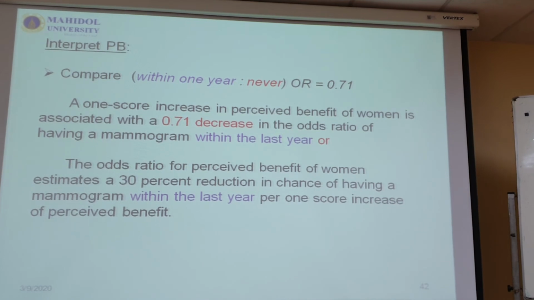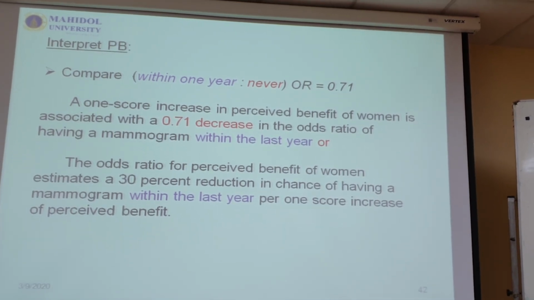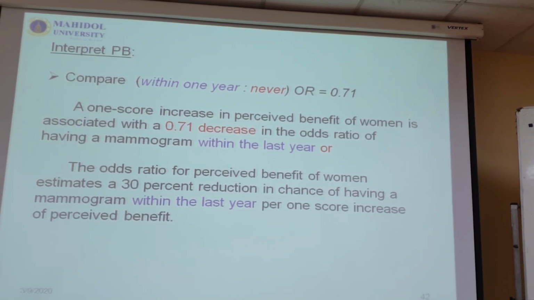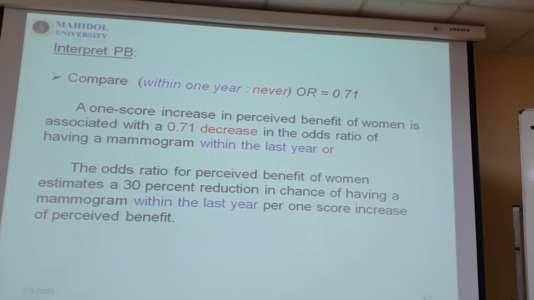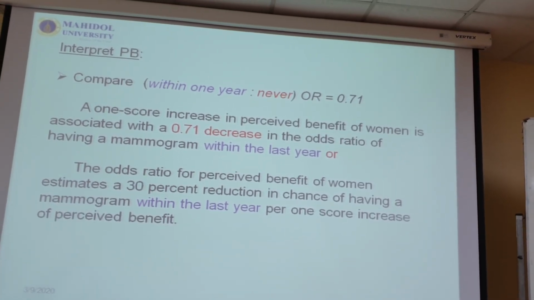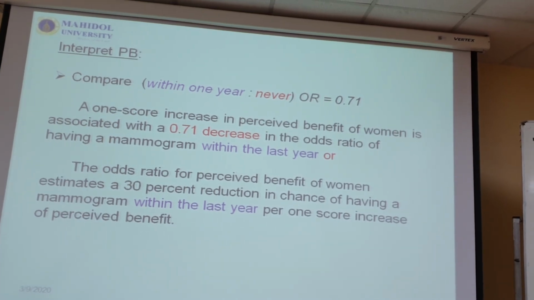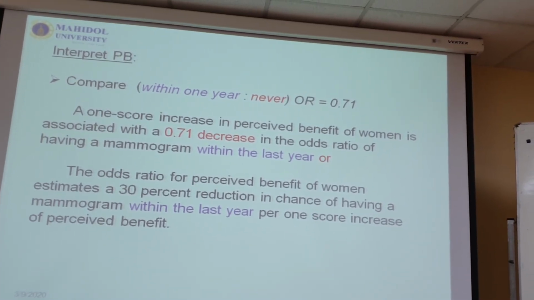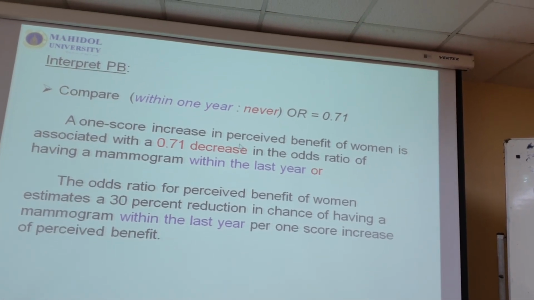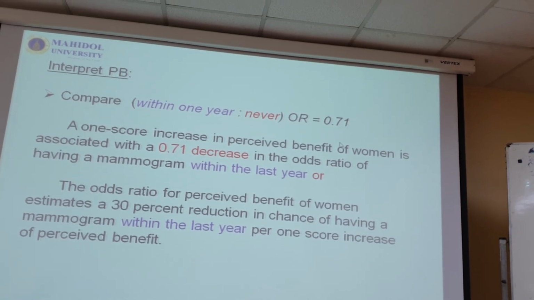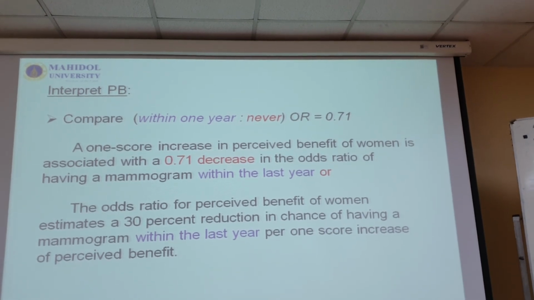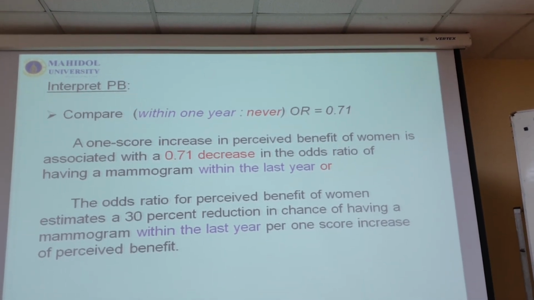And if you compare perceived benefit, what is the odds ratio for within 1 year and never? We got odds ratio 0.71. Again, 0.71. Because it's less than 1, I will do it in percent again. This is because for perceived benefit, a lower score is better, right? Because we got the odds ratio less than 1.